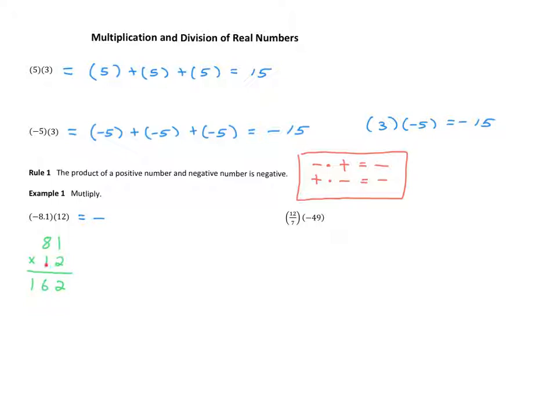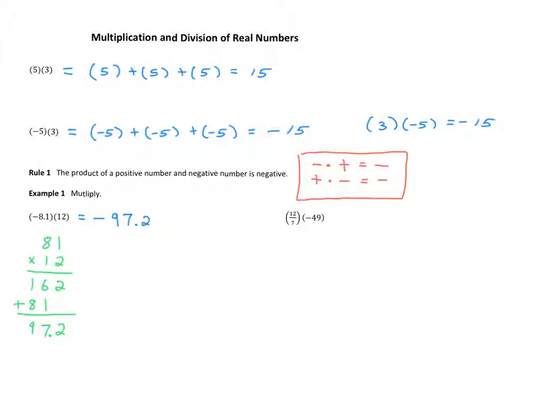I'll then move over to the 1. 1 times 1 is 1, and 1 times 8 is 8. I shifted over one place because we're in the tenths. I add these two together. We get 2, 7, and 9, and I simply just put the decimal point back that I removed. So here the answer is 97.2, but of course there's a negative in front of it.